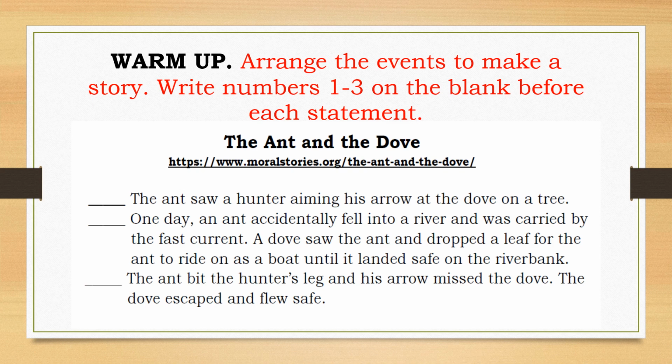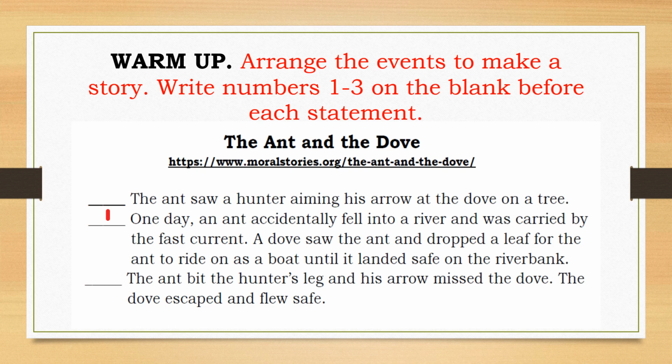The ant bit the hunter's leg, and his arrow missed the dove. The dove escaped and flew safe. Can you write the numbers to make the sequence correct? Very good. Can we read it all together?